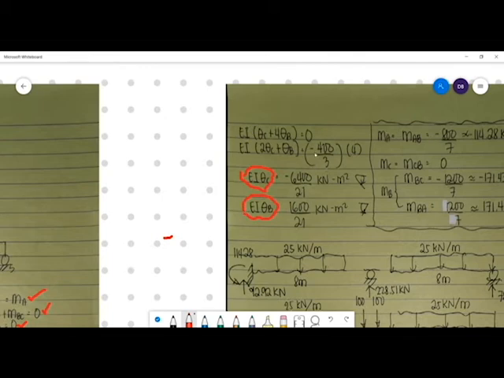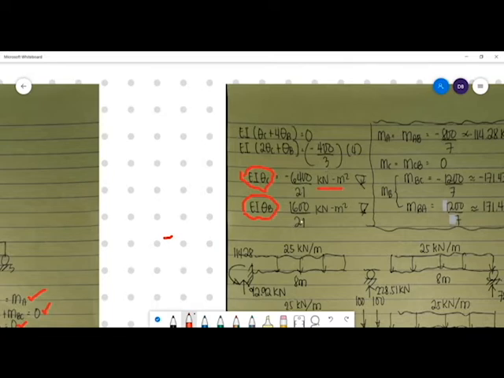You can try to use the process of elimination, how to solve systems of equations. So EI theta C is equal to negative 6,400 over 21 kilonewton meter squared.